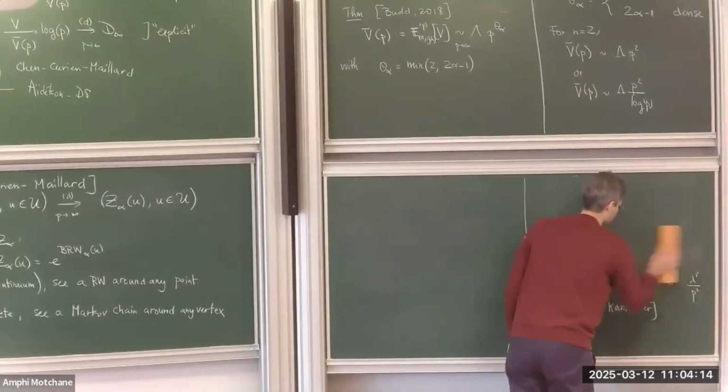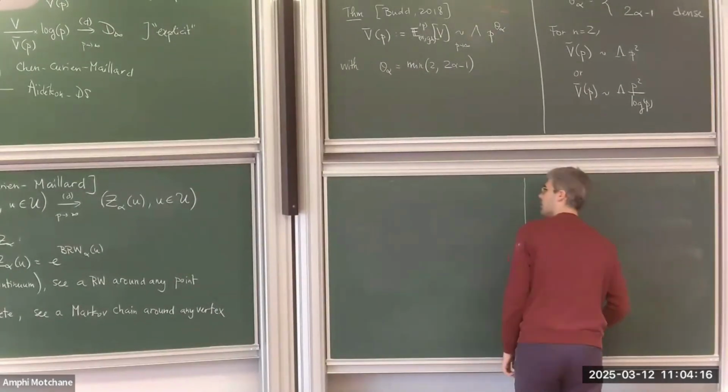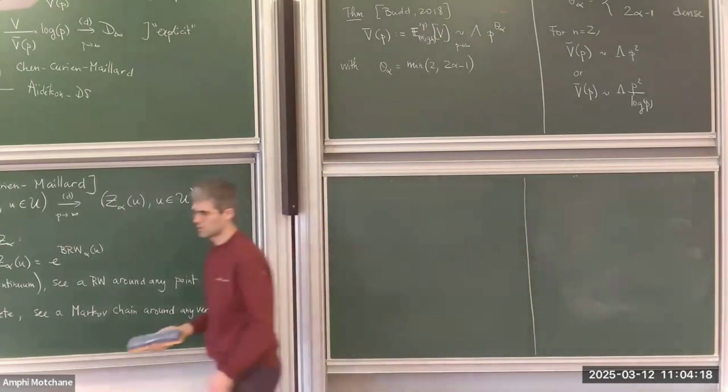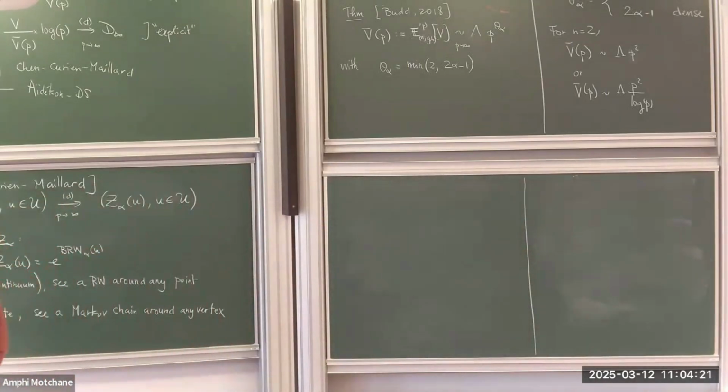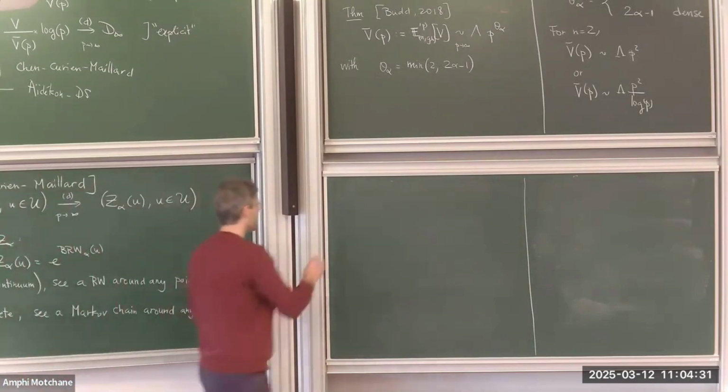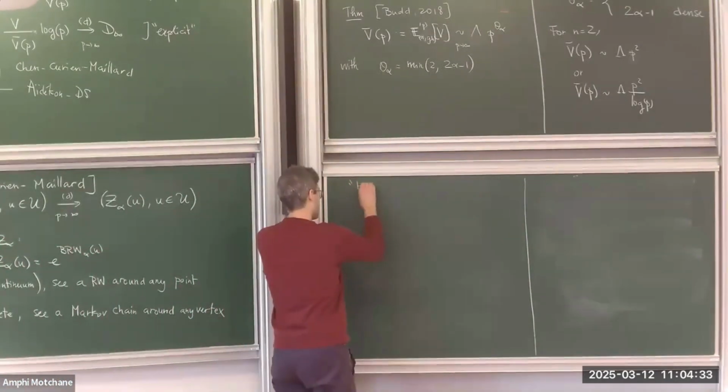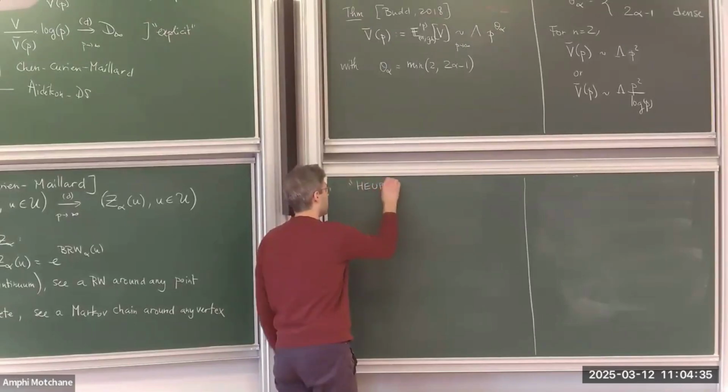I'm going to try and give you a fake proof of our result, which was basically the idea that Chen, Curien and Maillard used to come up with the conjecture. So the heuristics of the proof are the following.